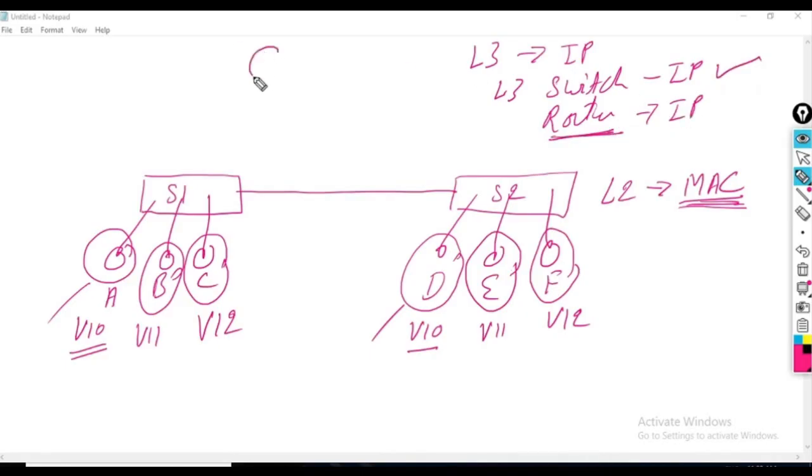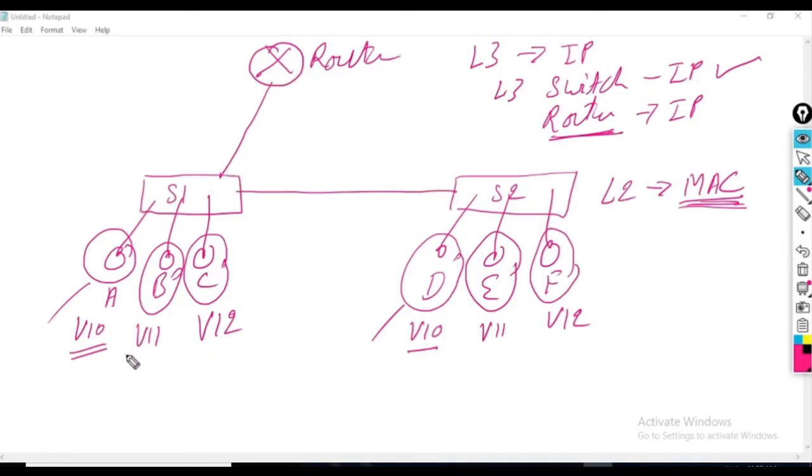So how are we going to configure it? Let's say this is our router, right? We have two options. Either we can connect both the switches directly to the router, that is also possible, or we can connect any one of these switches directly with a single link, right?